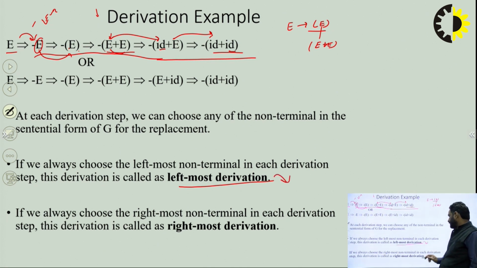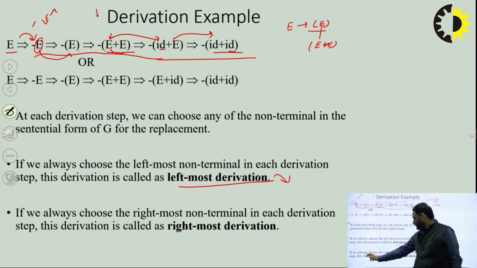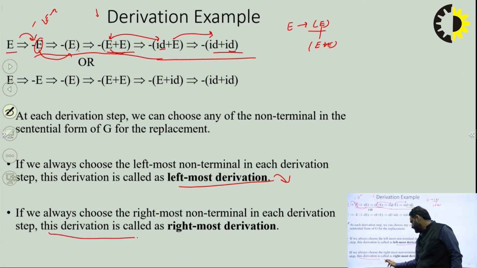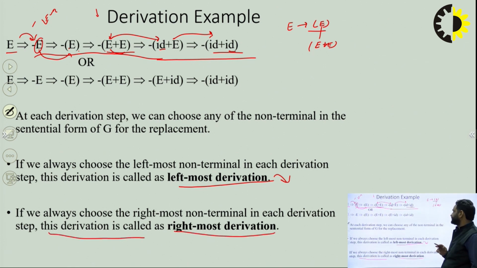The second approach is that if we always choose the rightmost non-terminal in each derivation step, then this derivation is called rightmost derivation.